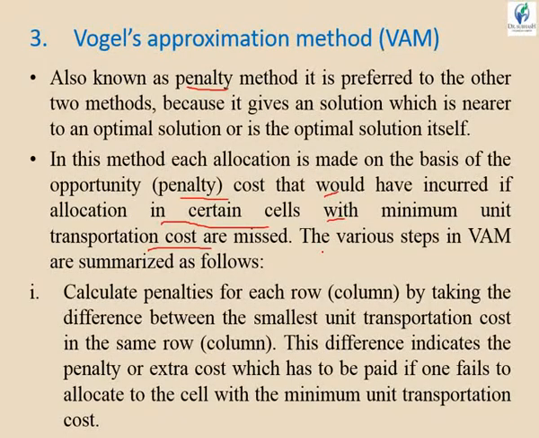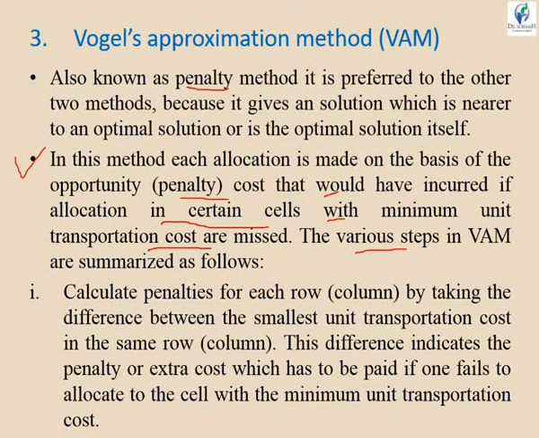That we will see in the example, which will give you a better and clearer idea of how to solve the example using this method. Don't worry about this step. It will be explained very nicely in the upcoming slides in the example itself. So what are the steps required to solve the examples using the VAM method?